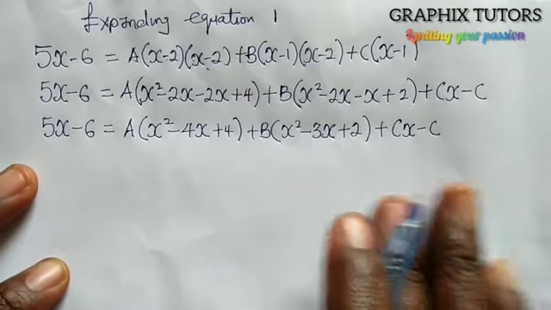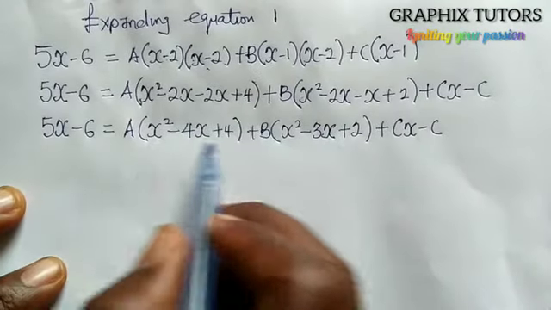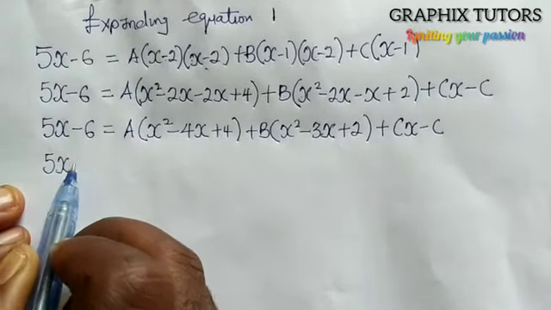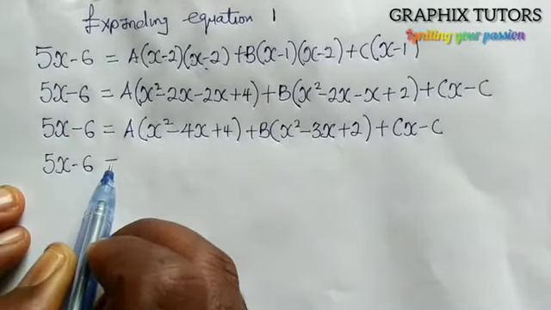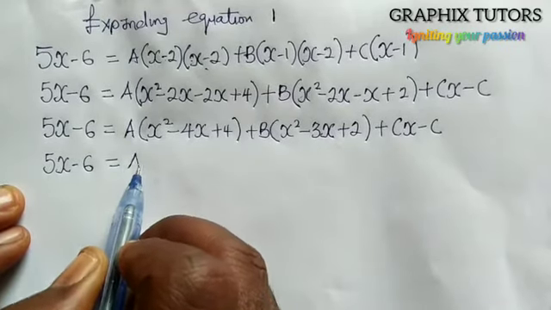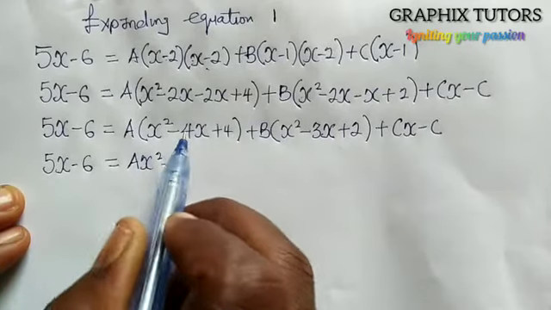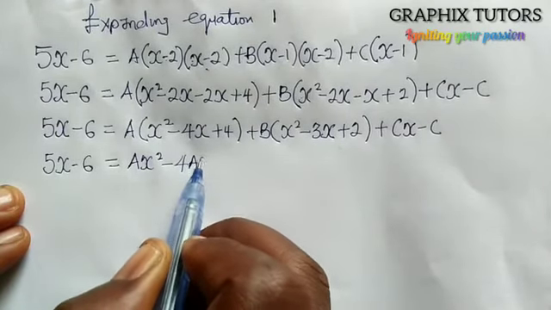So from here, we'll expand with the a here, so this will give us 5x minus 6 is equal to a times x squared gives you ax squared, minus 4ax. Right?